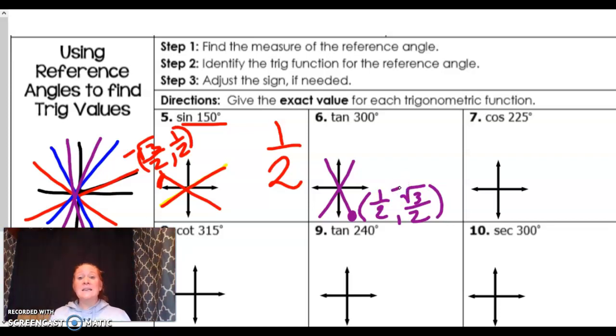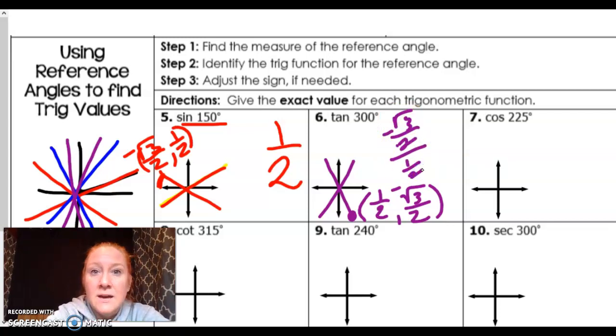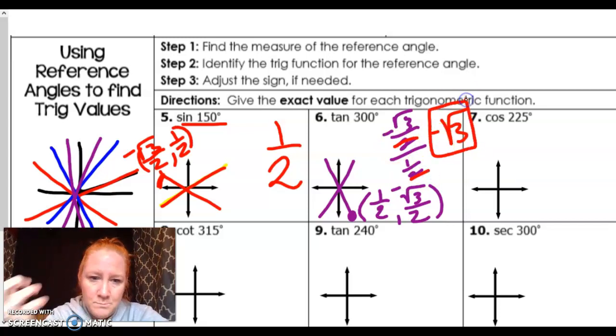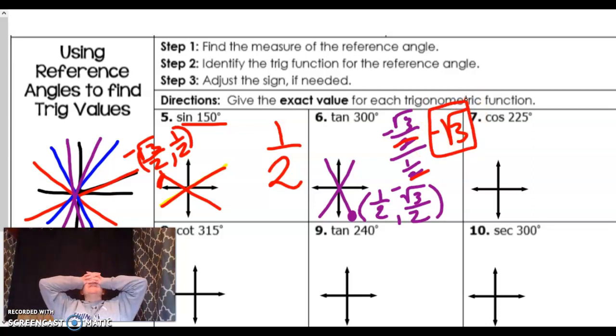Then it asks the tangent. Tangent is opposite over adjacent, so y over x: negative square root of 3/2 over 1/2. The 2s simplify to 1, so I get negative square root of 3 over 1, but the over 1 is not important.